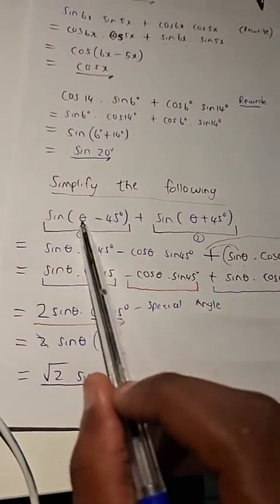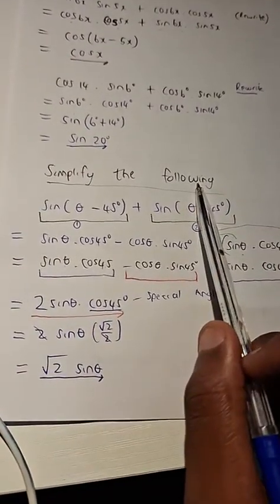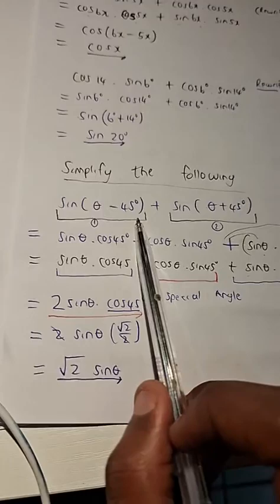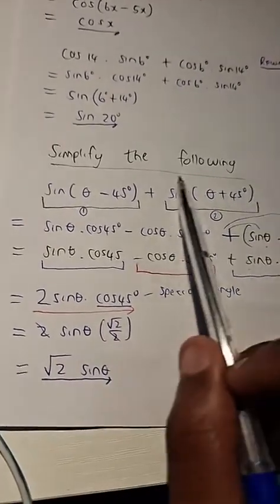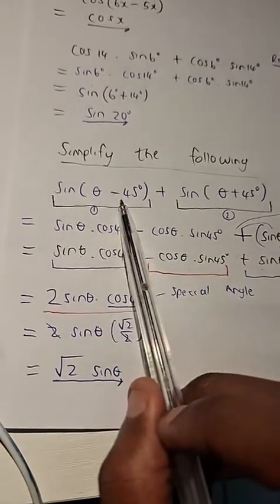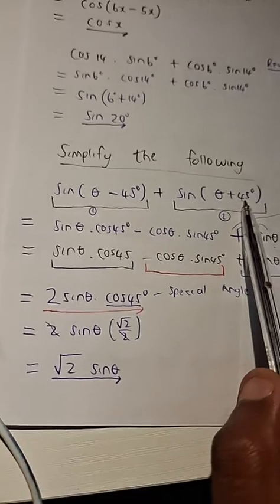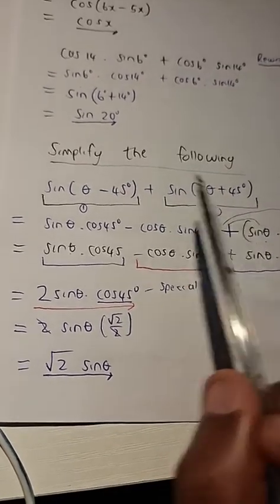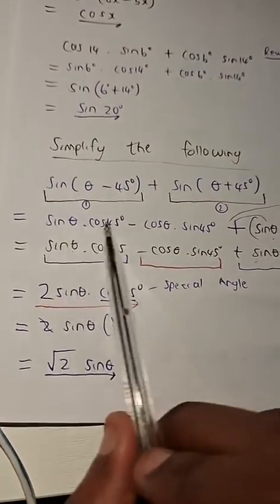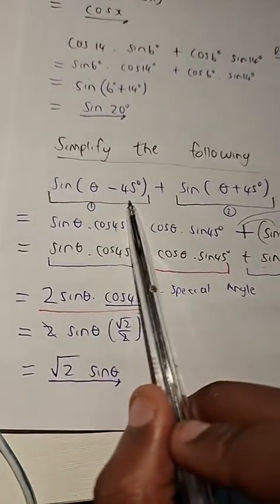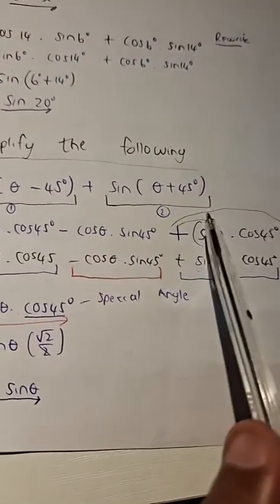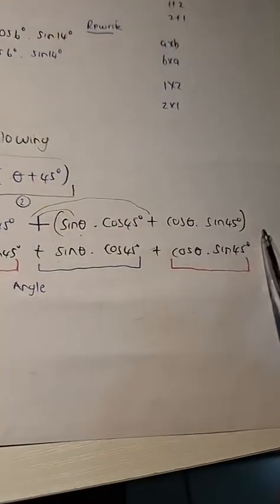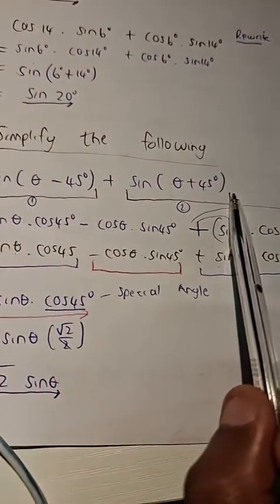Like I said, we are asked to simplify the following. We look at the problem, we see that there is the plus sign, there's a second term. So there are 2 terms of compound angles, both sine. So we must expand this first term. That's what we get. Plus, then we make sure we put a bracket around this entire expansion of the second term.